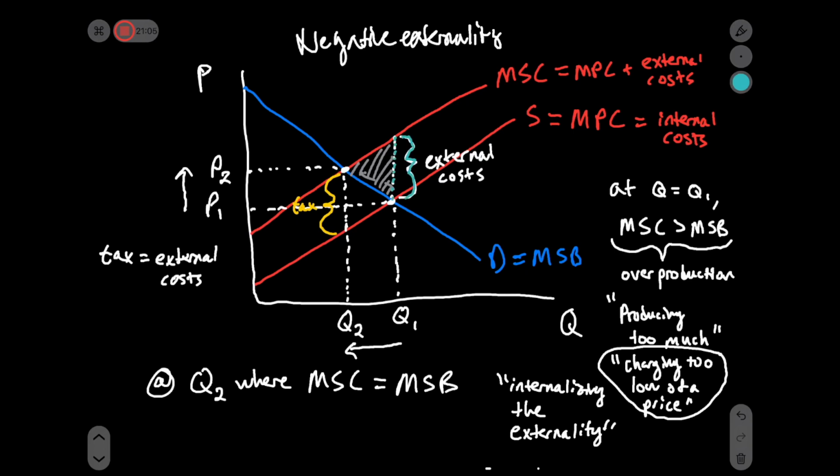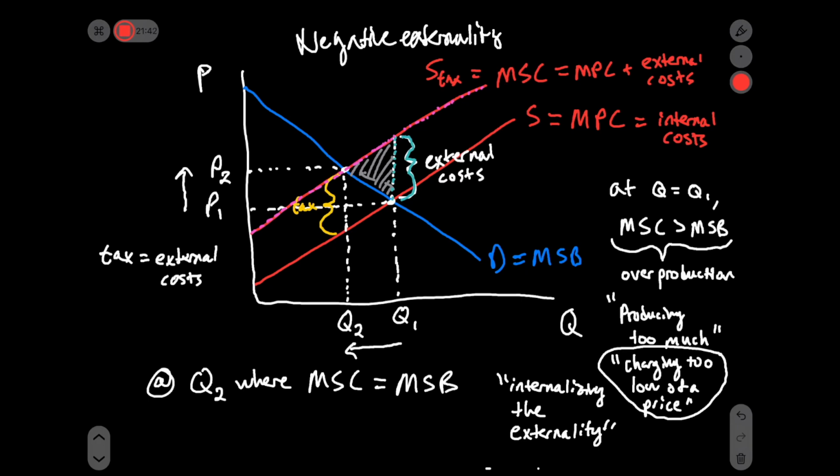And although taxes don't really shift the supply curve, it might be easier to think about a tax in the amount of the external costs that, at least on my graph, brings my supply curve with the tax, the hypothetical supply function, up to equal my marginal social cost function.